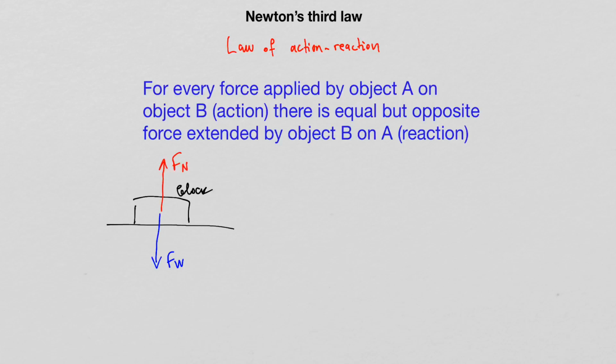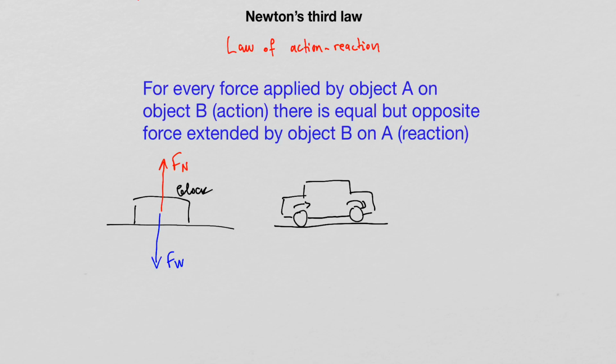Those two forces are equal in magnitude and directed in opposite directions, and so they cancel each other out. As a result, from the first law, this block is not in motion. In the statement of the third law, the weight of the block is the action force, and the normal force from the surface is the reaction force.